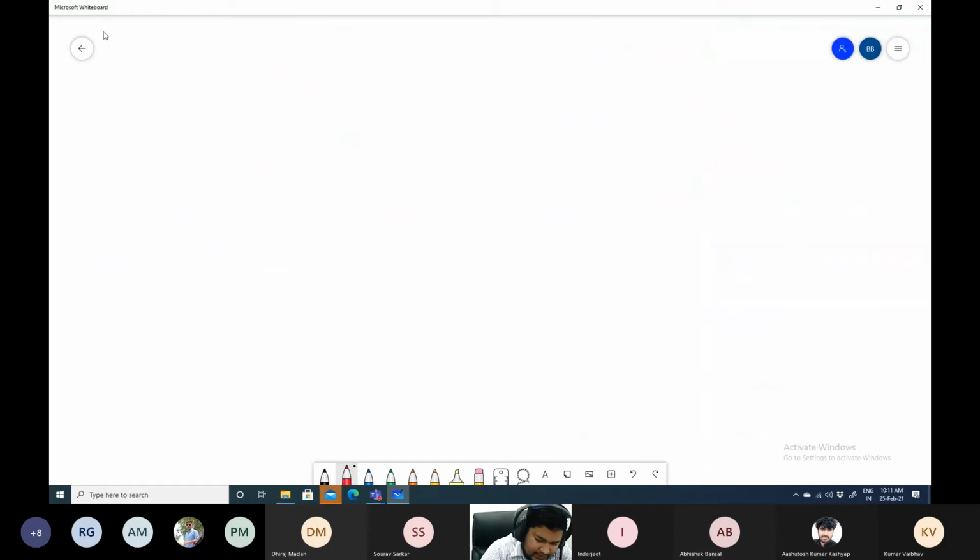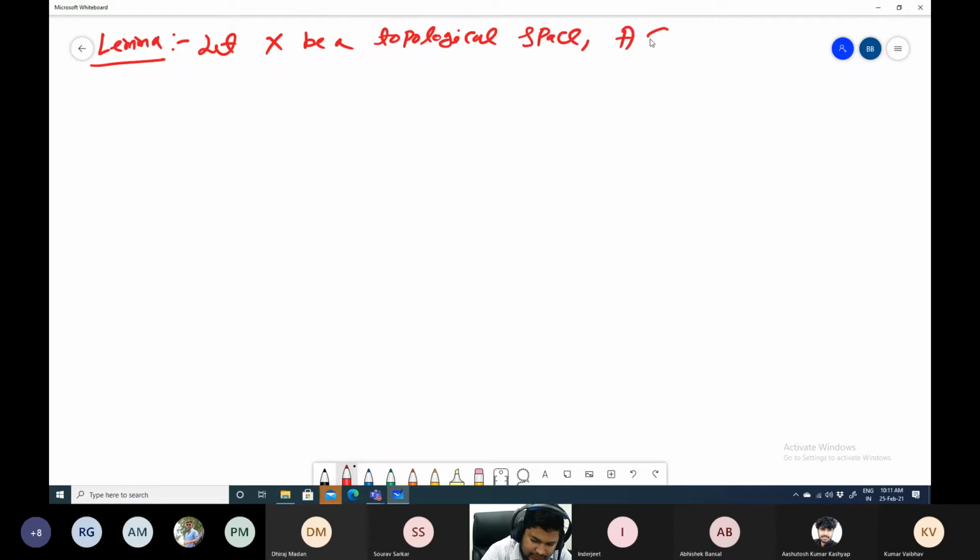Now here is the statement. We can write it as a lemma. Let X be a topological space and A a subspace of X. Whenever we write it this way, you assume that A has the subspace topology.